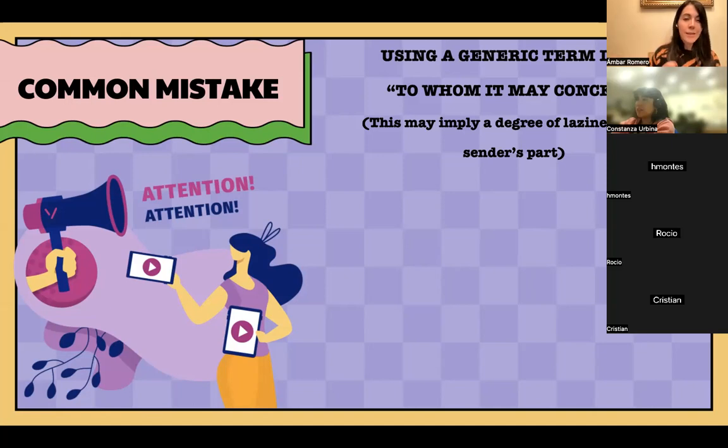You see, it implies a degree of laziness on your part. So if I'm applying for the same, and instead of to whom it may concern, I put their technology department. That's much better. It's kind of the same, but it's not the same. It's better because it's more specific.